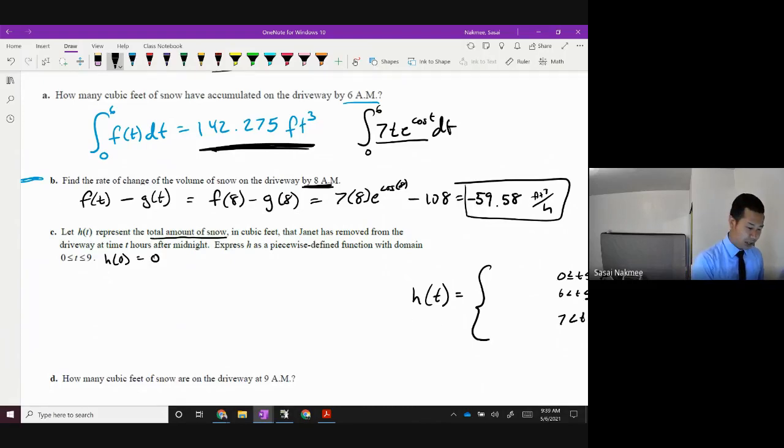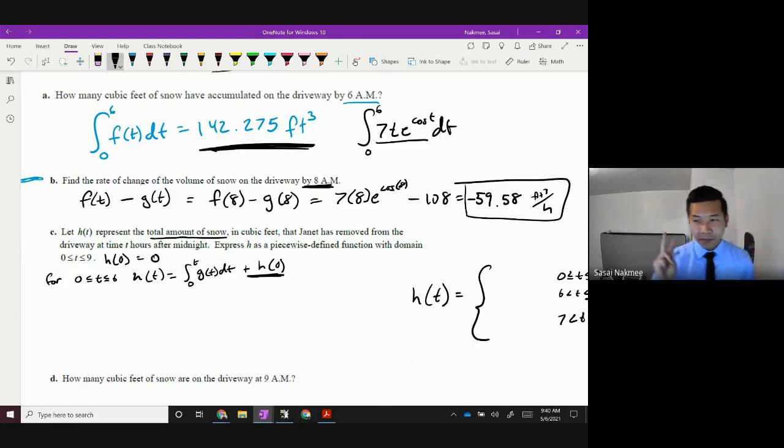Now for 0 less than or equal to T less than or equal to 6, H of T, hopefully you agree, is going to be equal to the integral from 0 to T of G of T dt plus H of 0. This is usually our constant that we're trying to find, but we can figure that out just by seeing this right here.